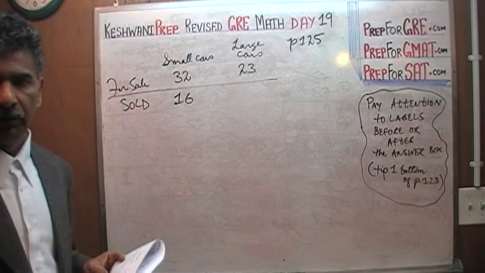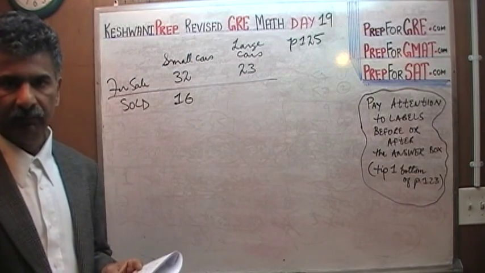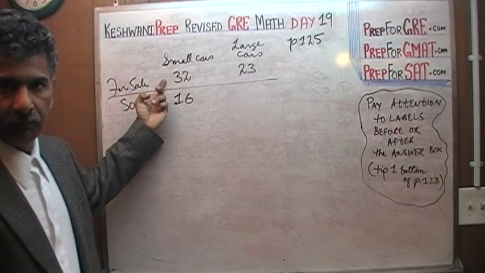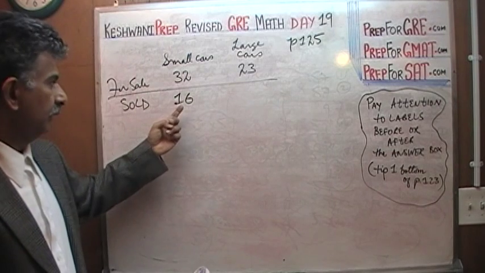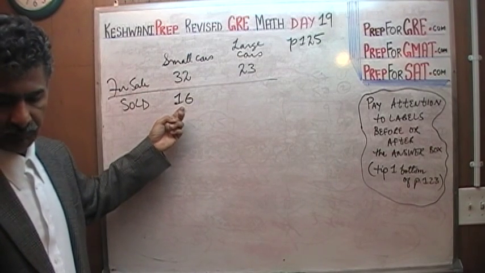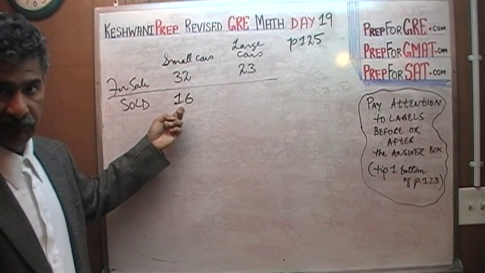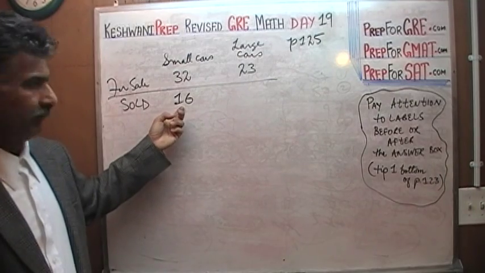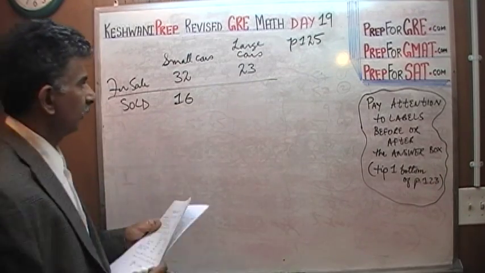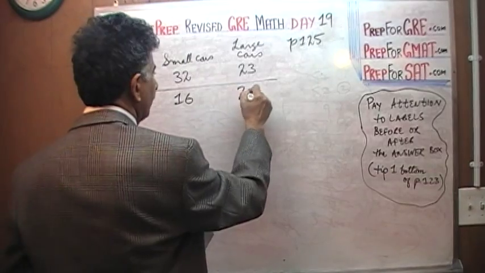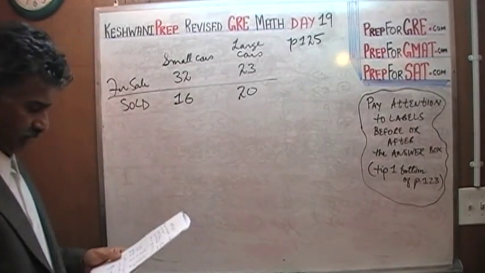There were 32 cars on the lot, and of course we would have liked to have sold every one of them, but we managed to sell only half as many. We only sold 16 out of the inventory of 32. Similarly, out of 23 cars we sold 20. So we did quite well for the large cars, as a matter of fact.